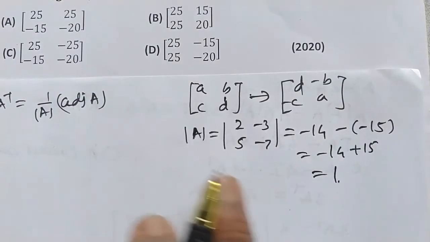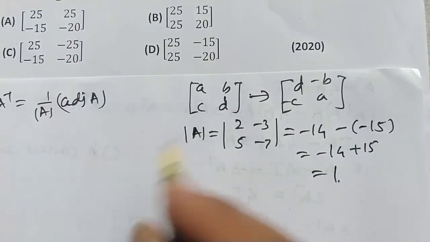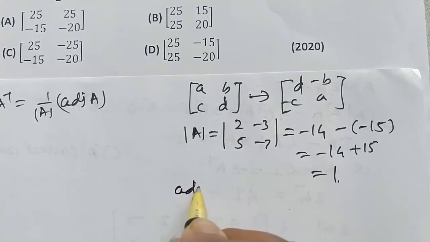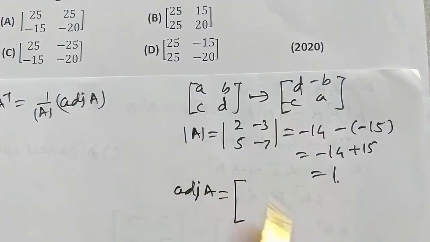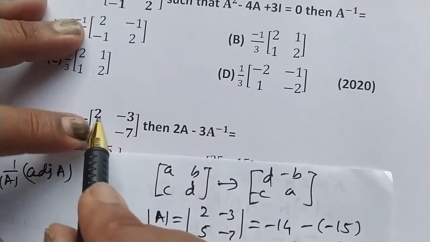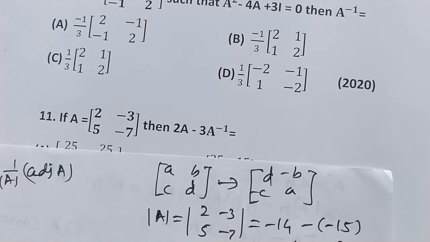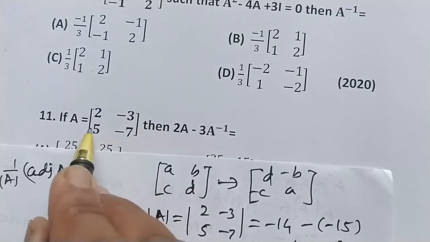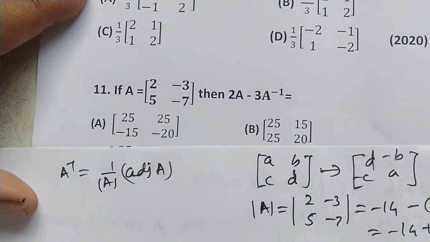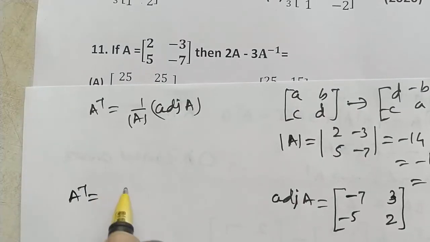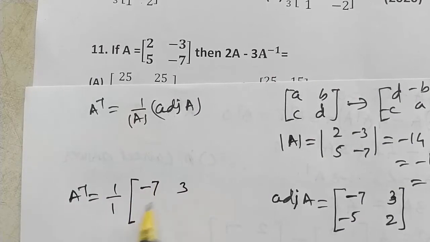So the determinant of A is 1, and the adjoint of the given matrix is obtained by interchanging the diagonal elements, minus 7 and 2, and changing the sign of the non-diagonal elements, 3 and minus 5. Therefore A inverse is equal to 1 upon 1 times [-7 3; -5 2].